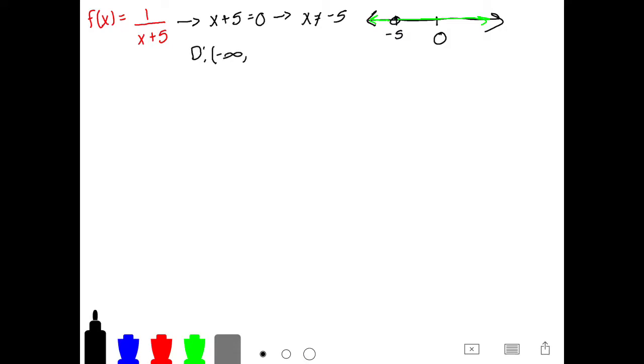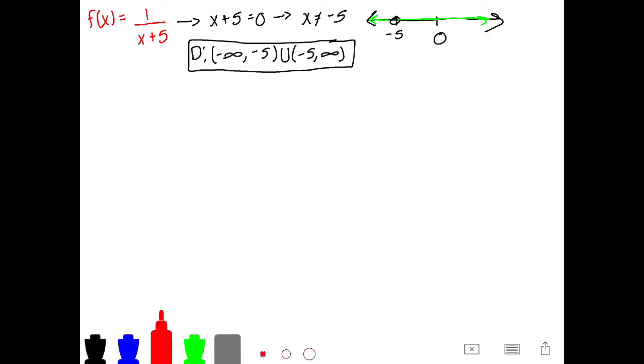So in interval notation, the domain, we'll use parentheses. So it'll be negative infinity to negative 5, union negative 5 to infinity, positive infinity. And that tells us the point of discontinuity too, which is at negative 5.